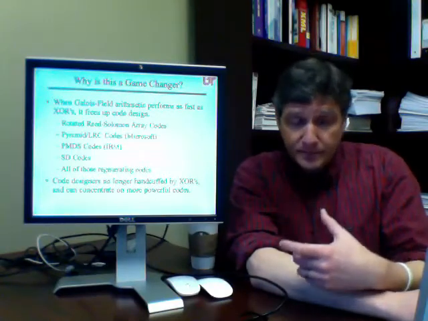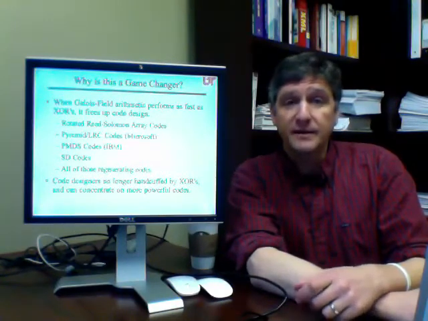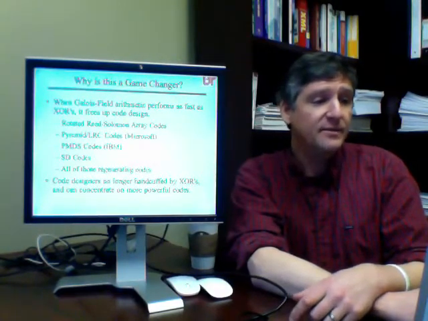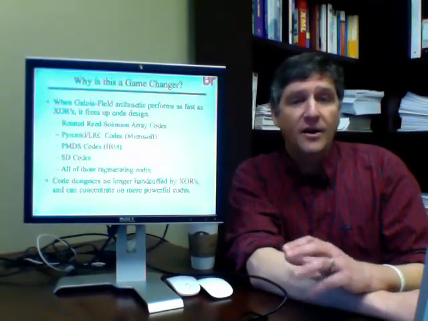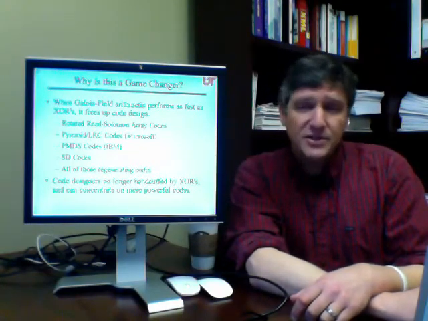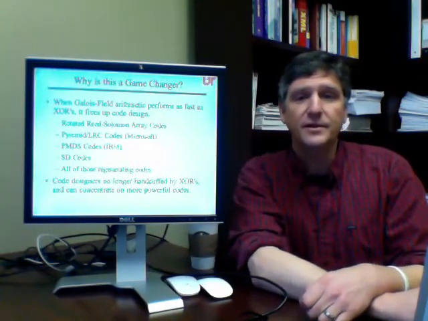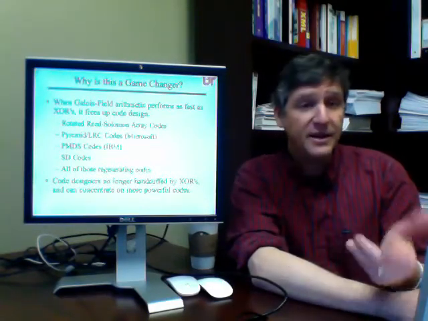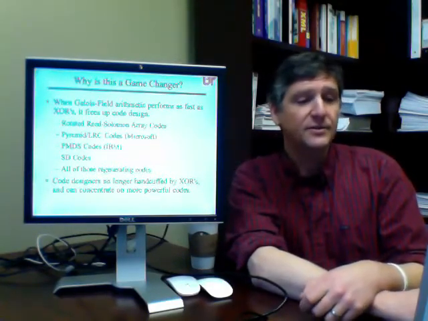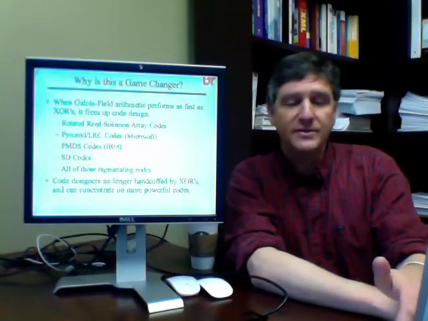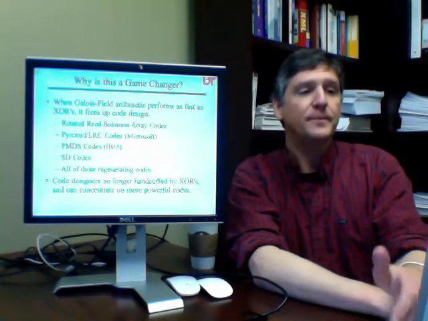And so recent codes for doing various things in terms of erasure coding, all of the ones that I'm showing you here, are all codes based on Galois field arithmetic that really 6 years ago you couldn't sell, because everyone says Galois field arithmetic's too slow. Now that you can do it fast, you can start designing other codes. So it's a liberator in some respects, in that you can start doing more flexible design.